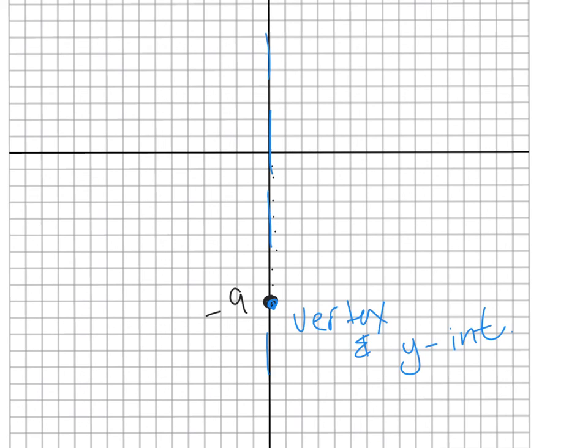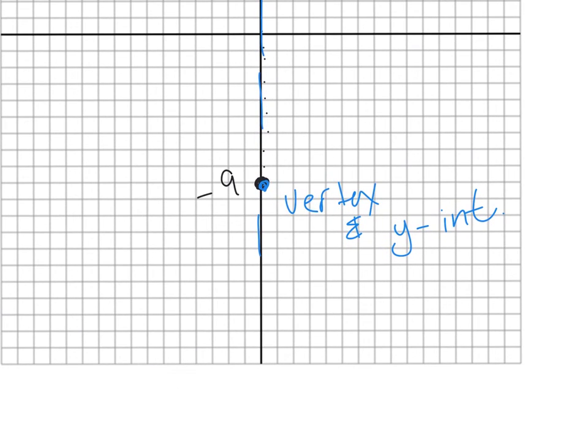So because I want a nice looking parabola, and let me think about this, my A is negative, so this is going to open down. So I'm going to scooch my graph up here. I don't want to pick x equals 1, because if I pick x equals 1, it's going to be right close here. So I'm going to go x equals 3.